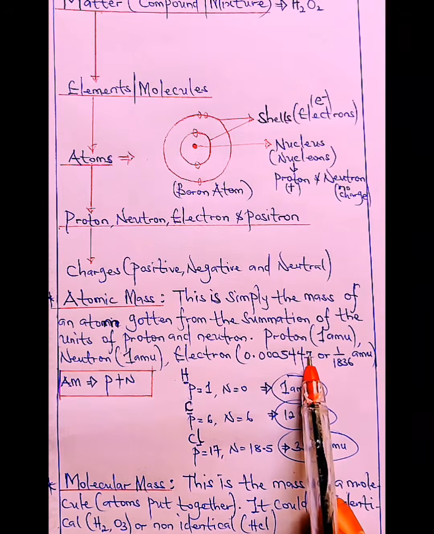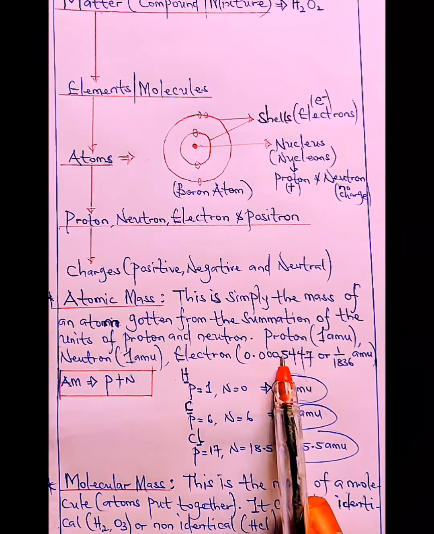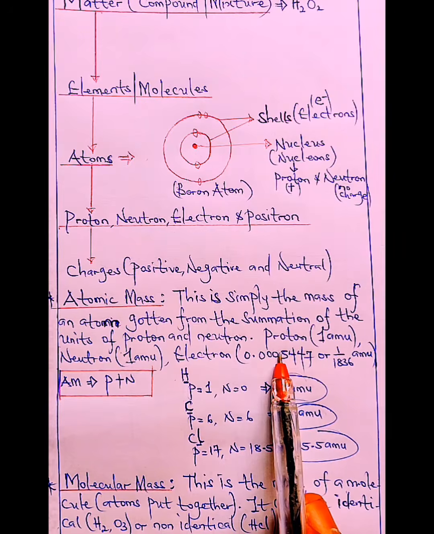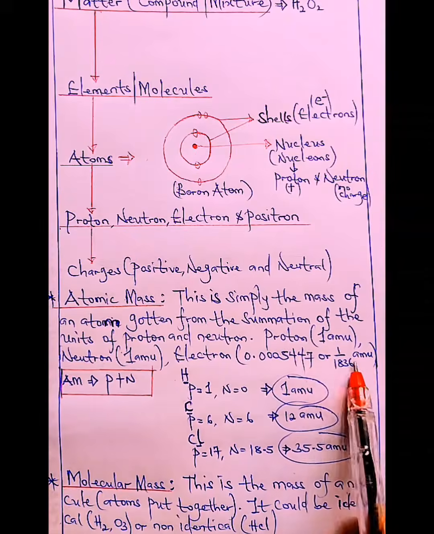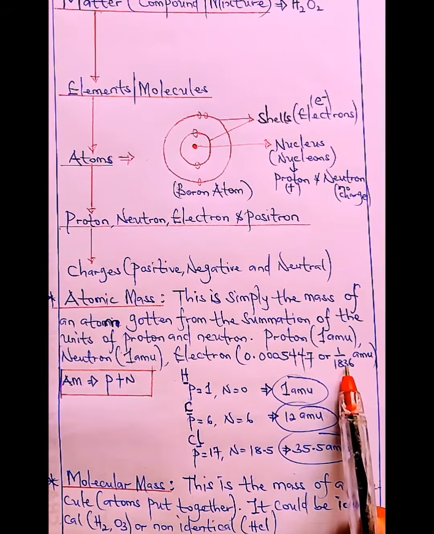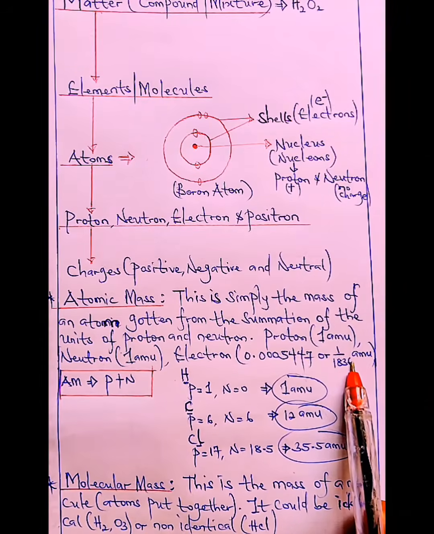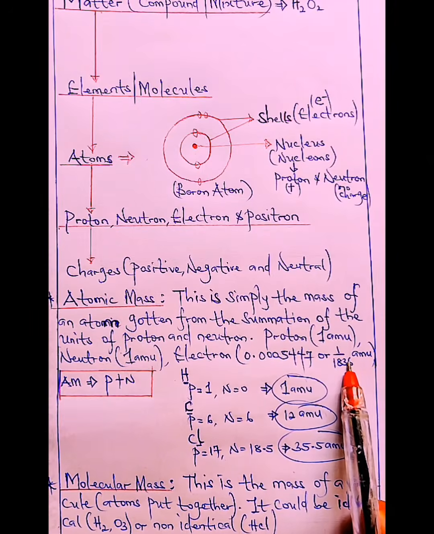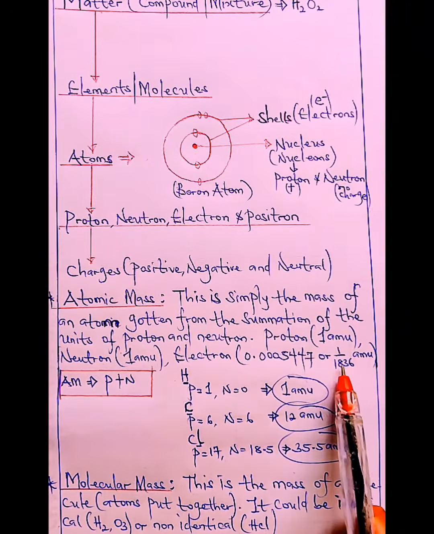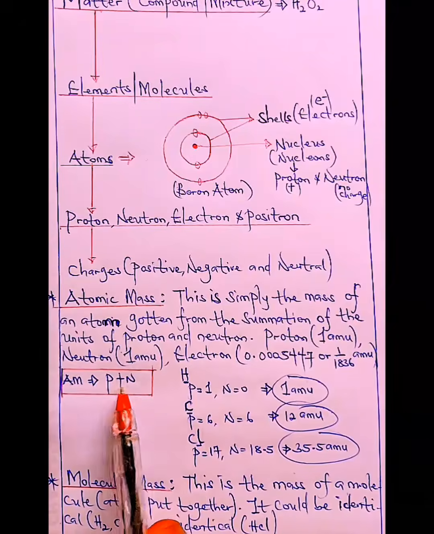That's why each time we want to get the mass of an atom, we don't consider an electron, because the atomic mass unit of an electron is very negligible. It is about 1/1836 of one atomic mass of a proton. So whenever I want to get the mass of an atom, it's always proton plus neutron.